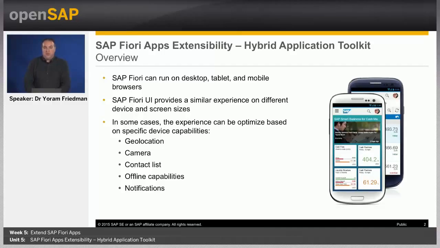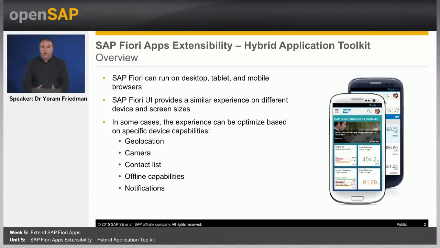I have my contact list. I have my emails. I have the ability to access data from other applications. Sometimes when I'm using my mobile device, I'm not connected, or I'm occasionally connected, and I might want to have an offline capability and be able to work even if I'm in an area without good cellular coverage.